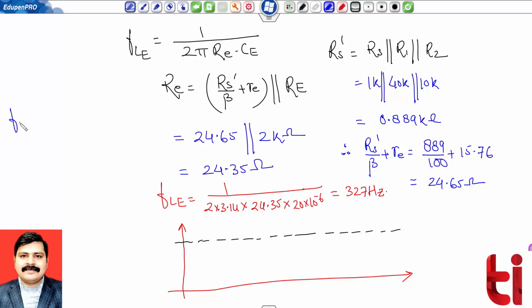FLI we have calculated 6.86 hertz, FLO 25.68 hertz, and FLE 327 hertz. So I will have this curve.